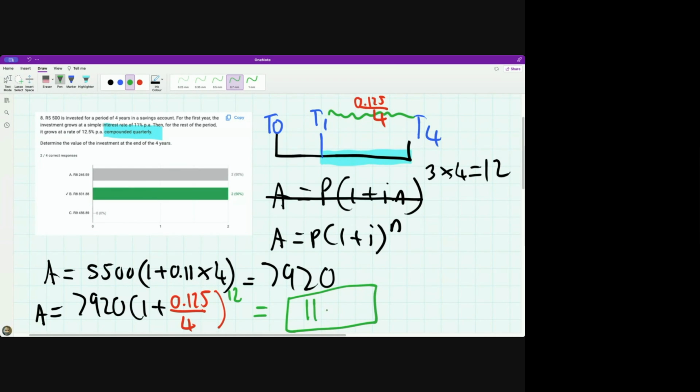Did everybody get that? 11,457.57. So I think there's a mistake in the question because I don't see the answer here. Everybody else see that? The honest truth is that there was a mistake in the question that I need to correct.